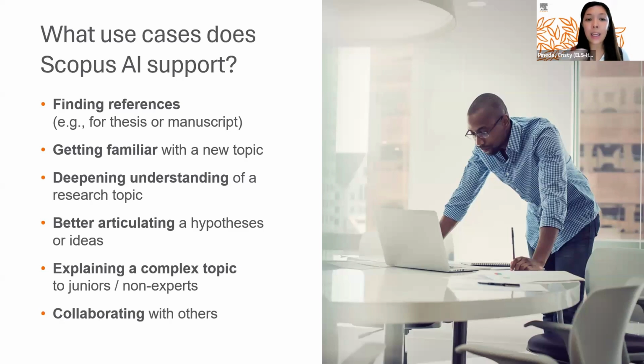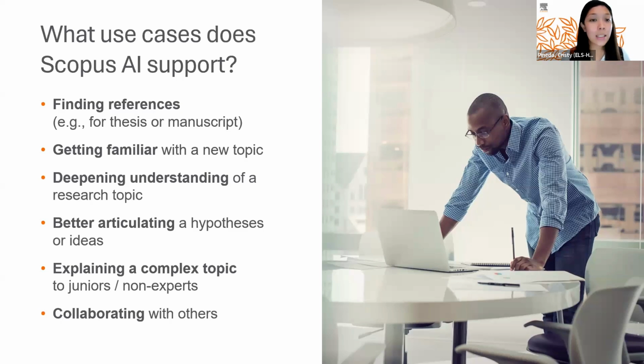Next is deepening understanding of a research topic to give you a thorough understanding, the likes of the concept maps that we have on Scopus AI to guide the researcher what other areas of topics that you need to look into for your particular research. Next is better articulating a hypothesis or ideas.